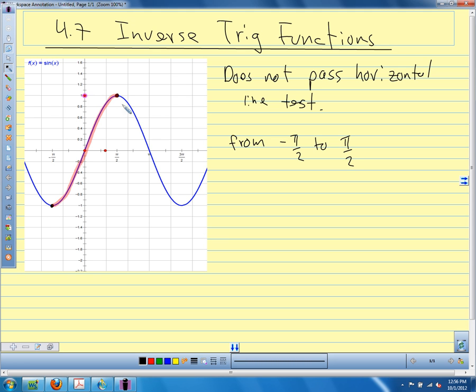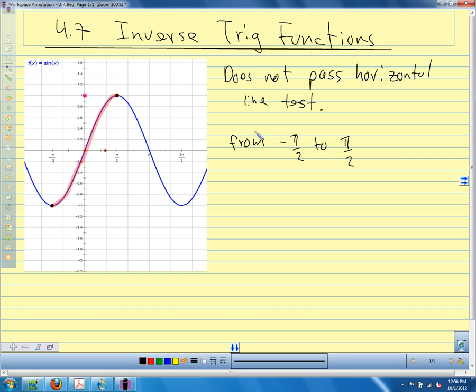Between negative pi over 2 and pi over 2, does the sine function have all the values that it can possibly have? It starts here at negative 1, it goes through 0, and goes up here to positive 1. And on our unit circle, the sine function goes from 0 to 1 to 0 to negative 1, back to 0.